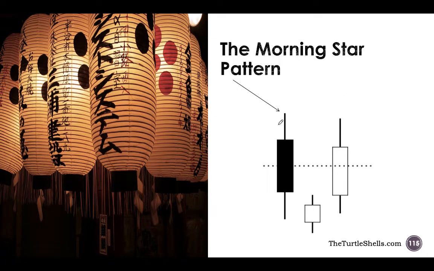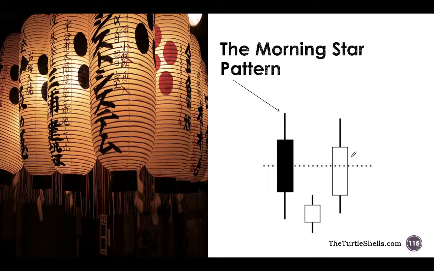You have three candles in the pattern. The first candle is a long black real body. The second candle is a star, which we have discussed in this course. A star is where you have a spinning top, the bodies do not touch but the shadows touch. Then the third candle is the long white real body, which closes above the midpoint of the prior black real body.